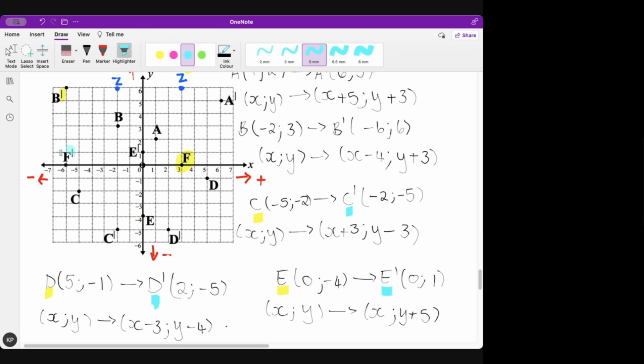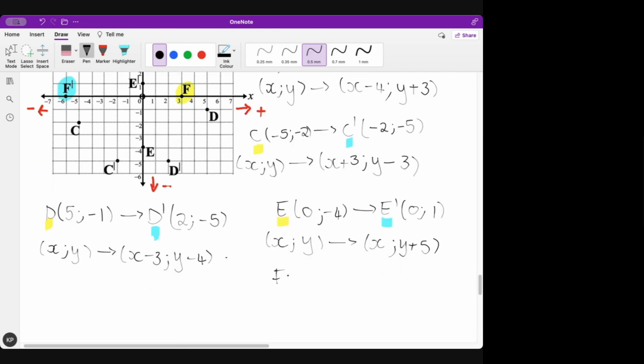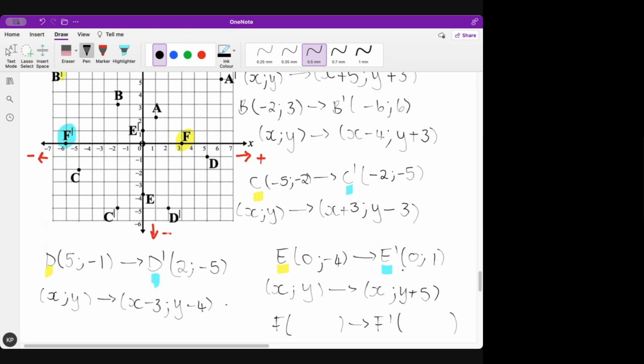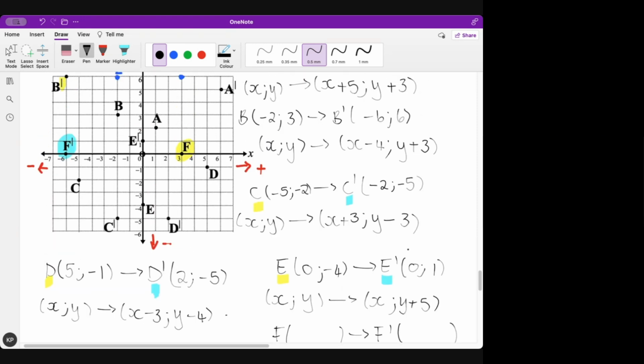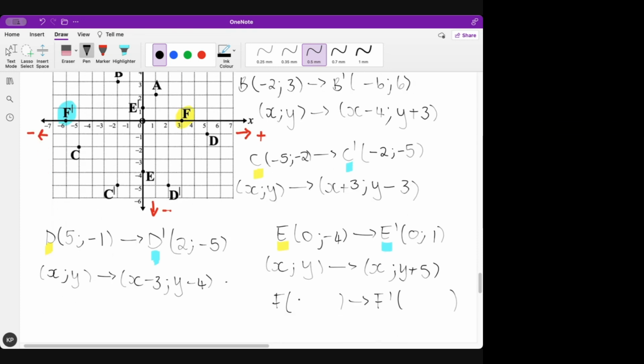And finally, F and F prime. Let's go with coordinates for F, please. 3, 0, says Alice and Leachile. And what about F prime? -6 and 0. That would be correct.